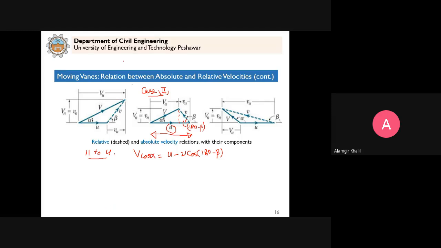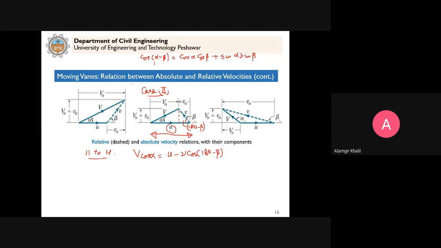You already studied that cos of alpha minus beta, in your college. So this is equal to what? This is equal to cos of alpha into cos of beta plus sine of alpha into sine of beta.